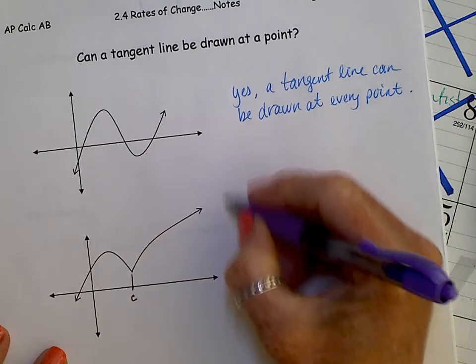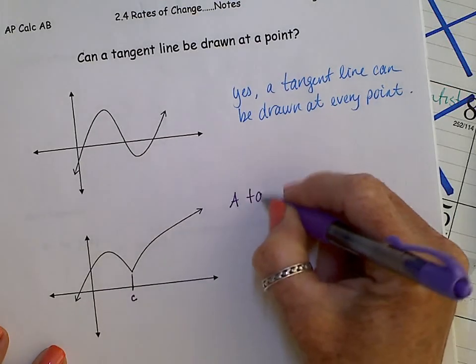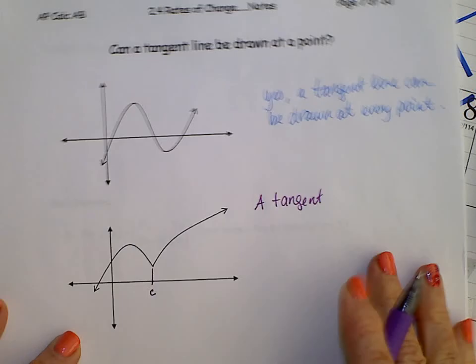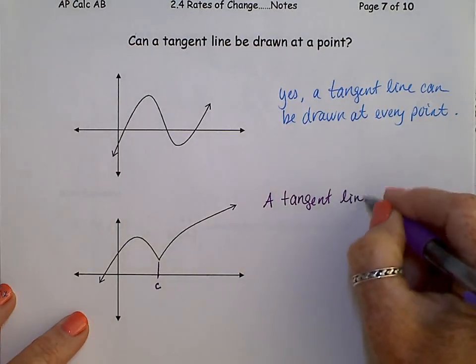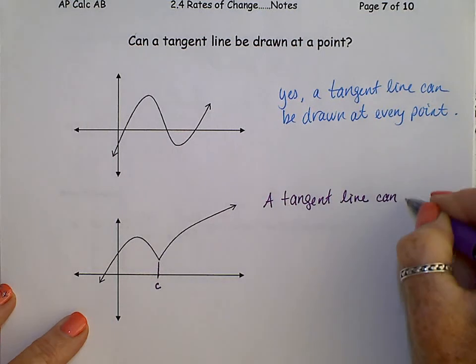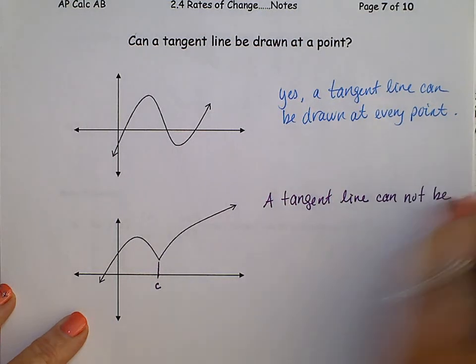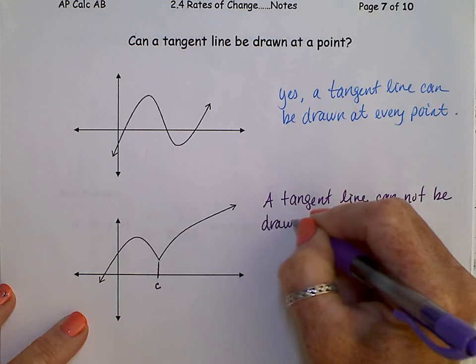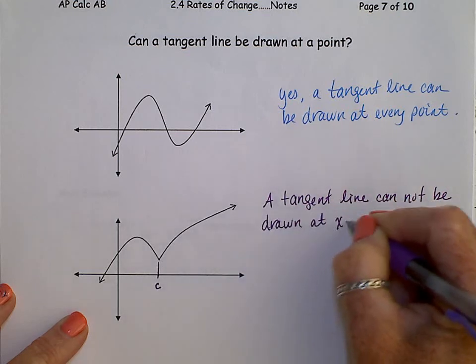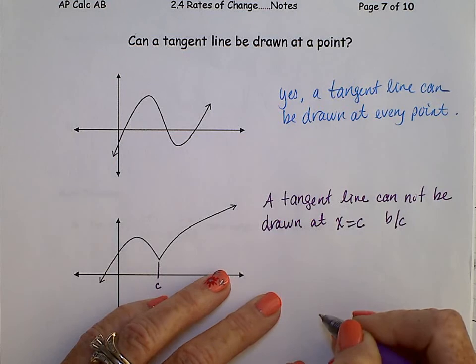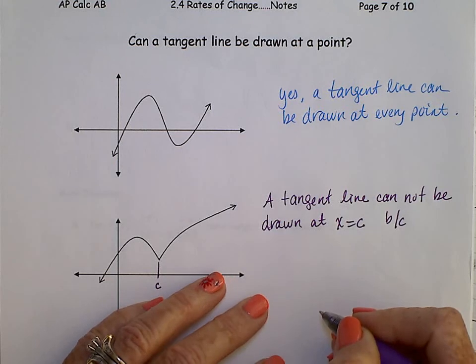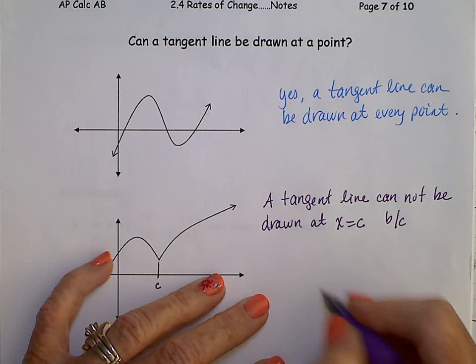So for this case, a tangent line cannot be drawn at x equals c, because slopes of tangents from the left do not equal slopes of tangents from the right.